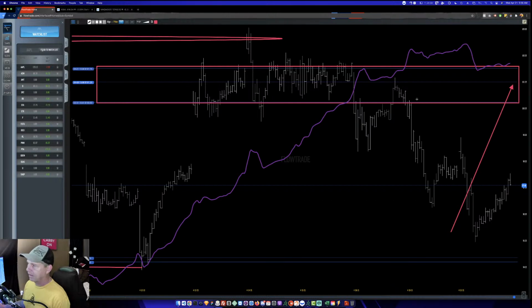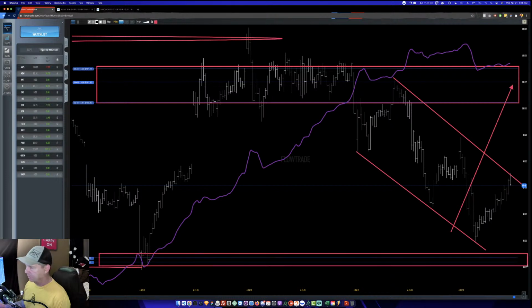One thing I need to make sure we do is break this falling channel support. Maybe come out and test, come back, break through it, and retest it for the next leg upward. We've also got $94 block trades as support. So we're kind of right in the middle.